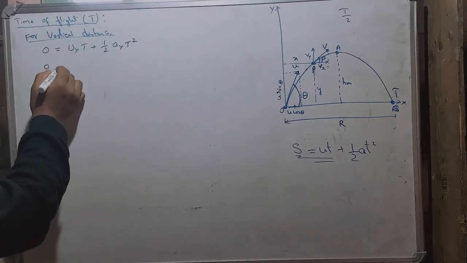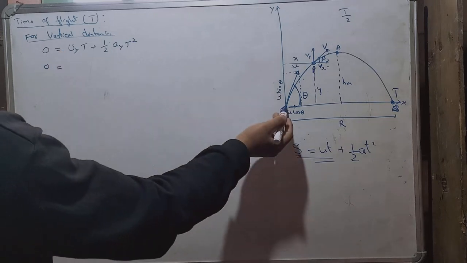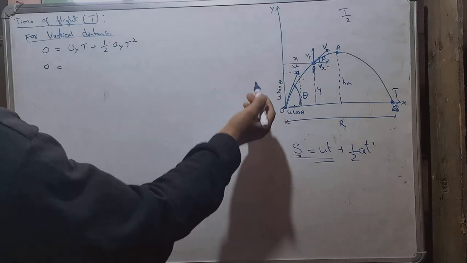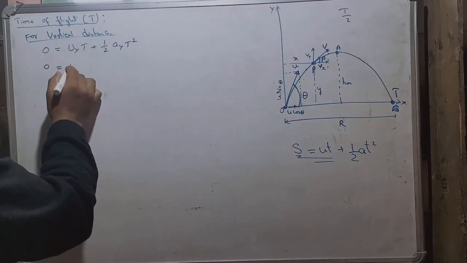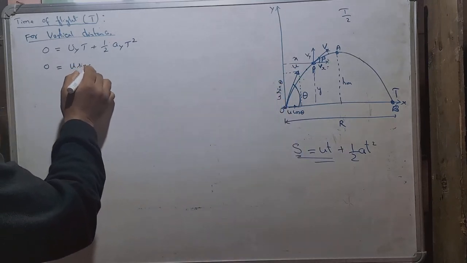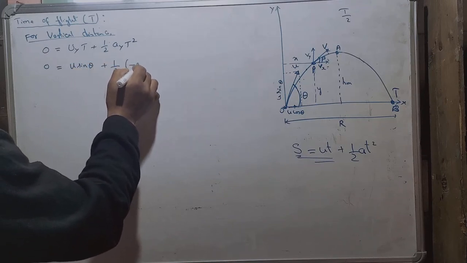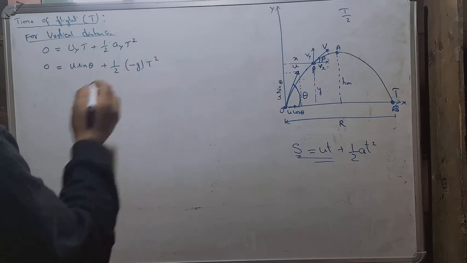Next, 0 is equal to, what is Uy? Uy is the vertical component of the initial velocity u along the y-axis. So that is equal to u sine theta T plus half. How much is ay? We know ay is equal to minus g, and then T squared.